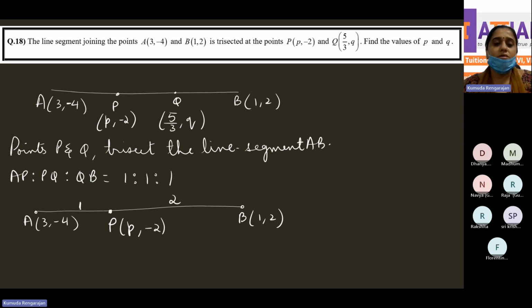So what is P? P is the x coordinate of the point of division. P is nothing but the x coordinate of the point of division.